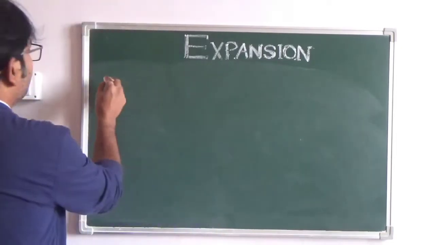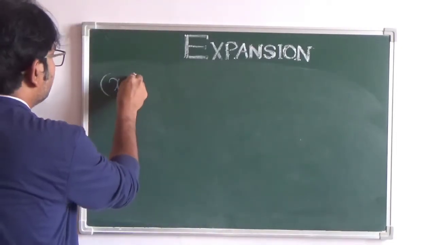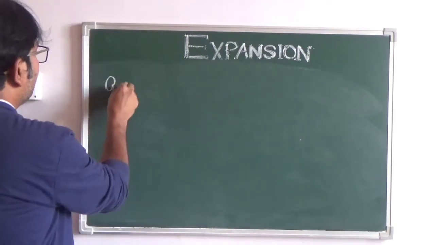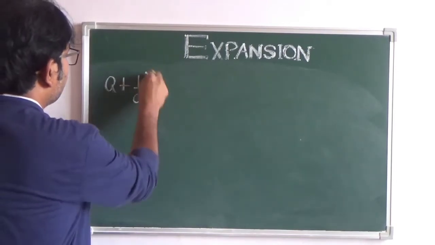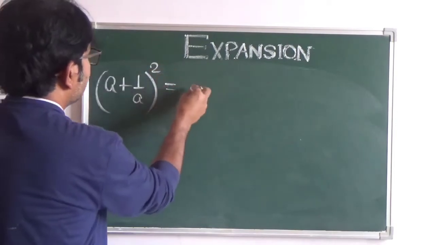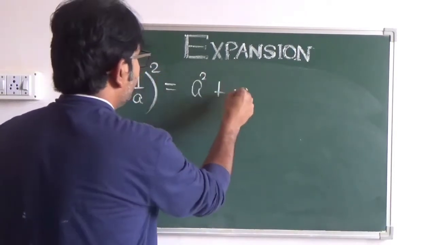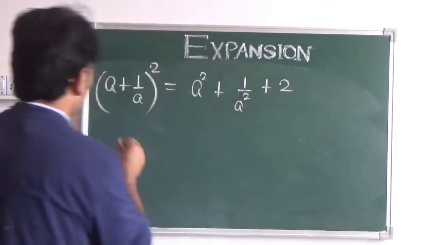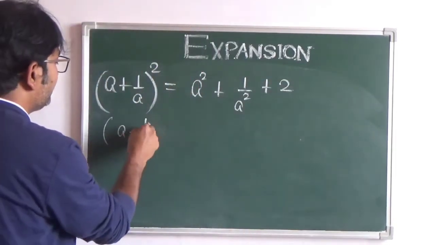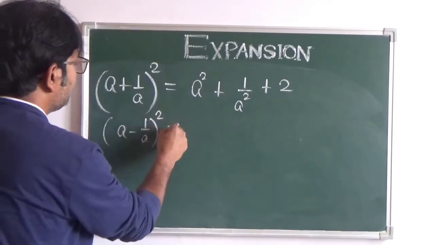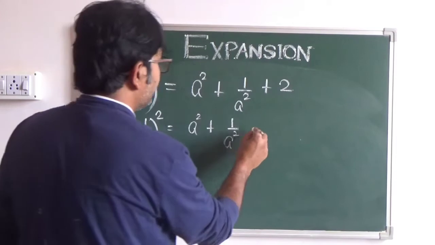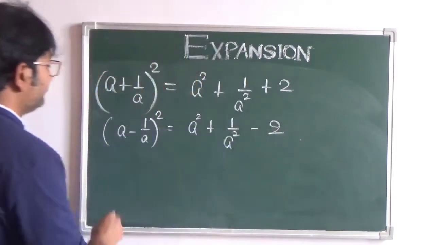Then we have (a plus 1 by a) whole square, which is a square plus 1 by a square plus 2. Then (a minus 1 by a) whole square equals a square plus 1 by a square minus 2.